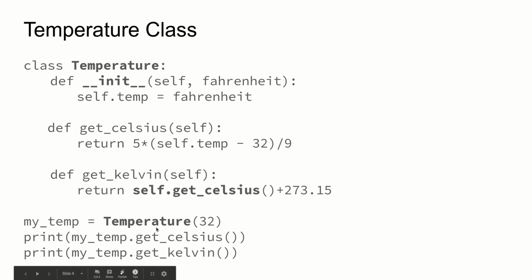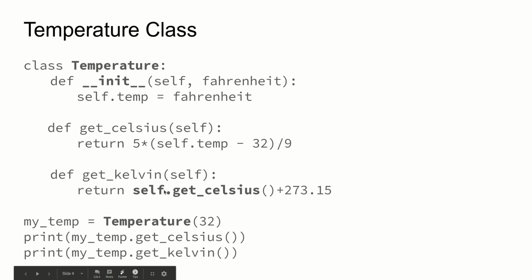Likewise, I can ask for Kelvin. Now, if you happen to remember that Kelvin is Celsius plus 273.15, then you can simply say, get the Celsius value and add 273.15. You'll notice that here we had to say self dot because myTemp doesn't exist in this scope.